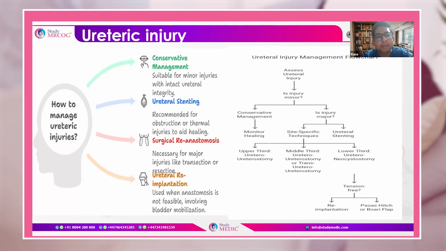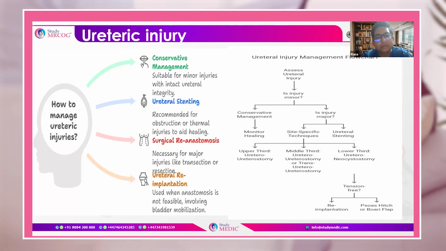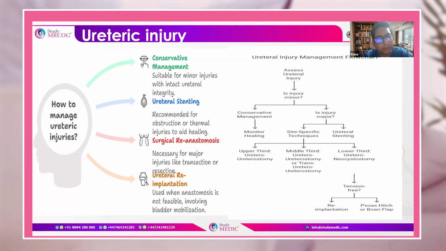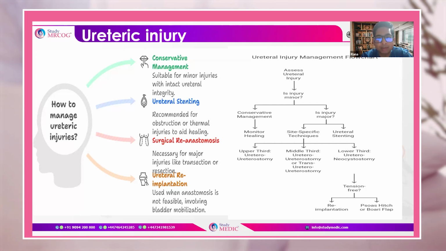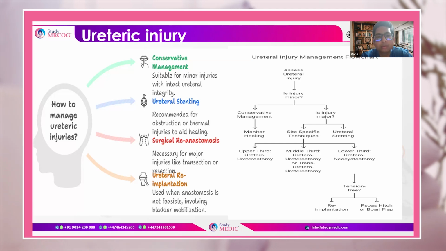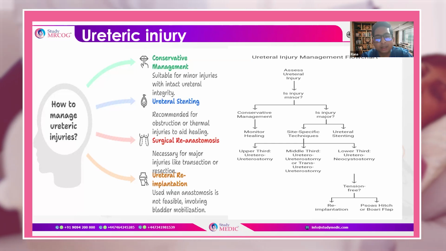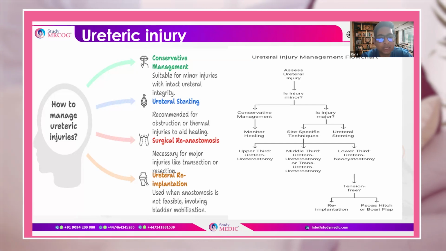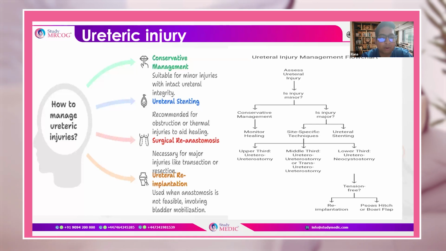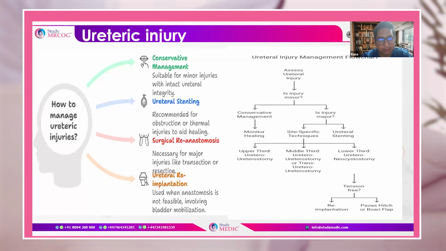If the injury is very small, 2 millimeter or less, usually nothing is required. Conservative management is often sufficient: monitoring the vitals, putting a DJ stent and postoperative monitoring. Where a major injury has occurred, you need to perform surgical management.